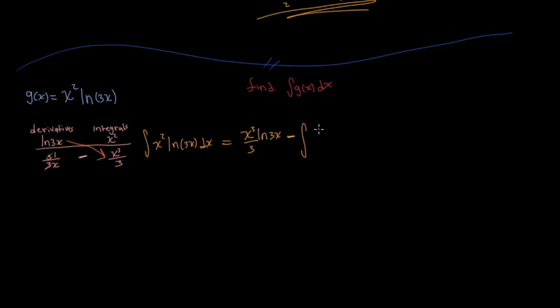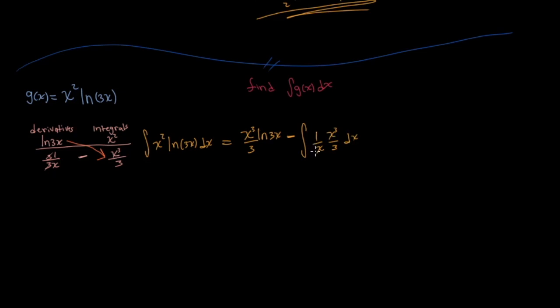When we multiply those two together, we get 1 over x times x cubed over 3 dx.